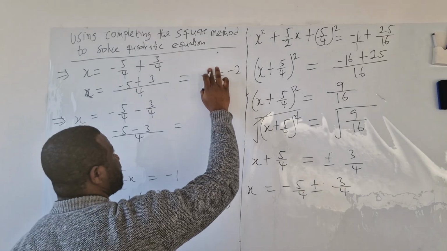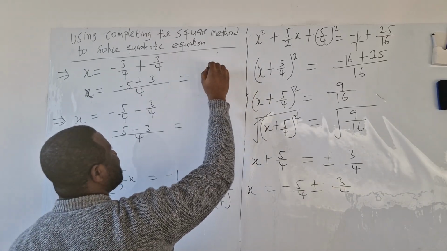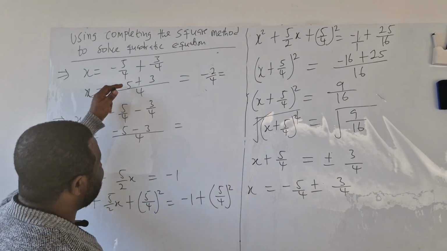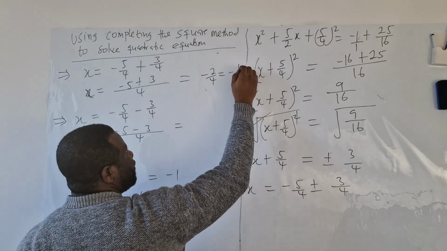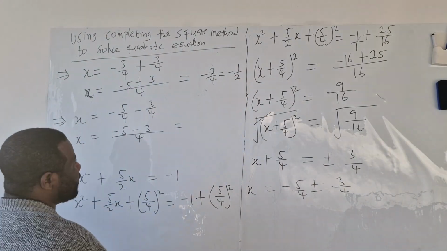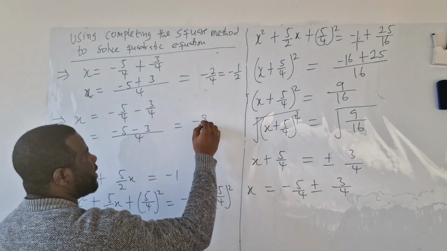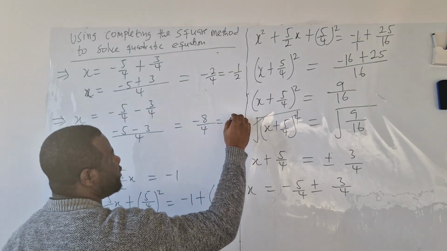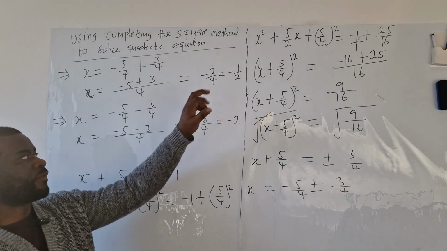That's minus 8, on 4. And this is equal to minus 2. Good. Sorry for the slip earlier.